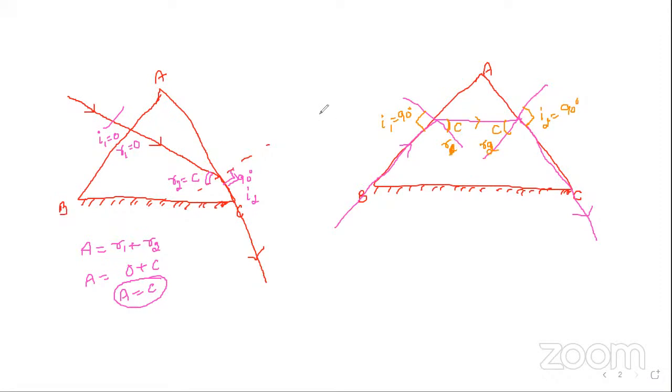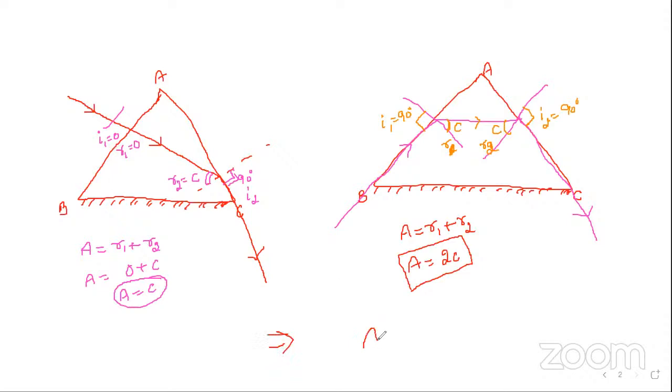Can you tell me what is the angle of the prism here? It is equal to 2C, sir. Yes, A is equal to 2C. So what is the conclusion from this?